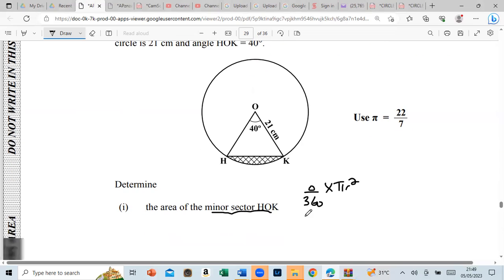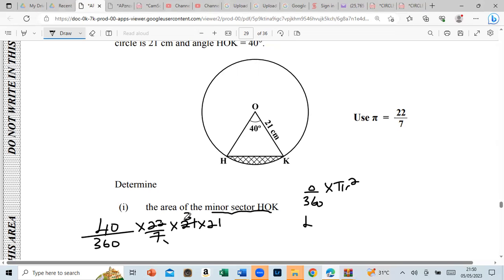So 40 over 360 times pi r squared. They did say use 22/7. Because it's a multiple of the radius, it's 21 times 21. Now use the calculator because it takes time.